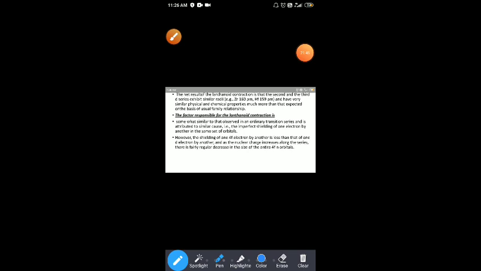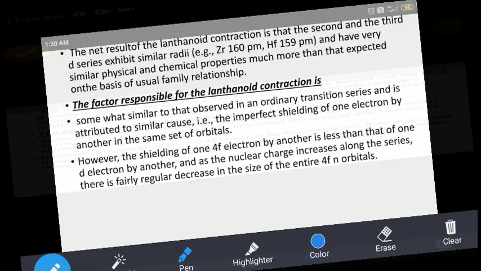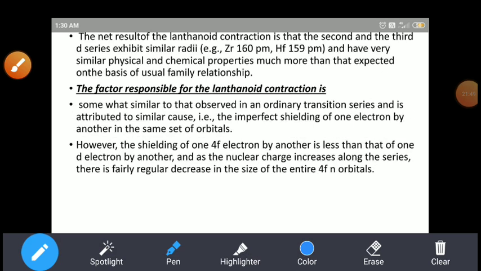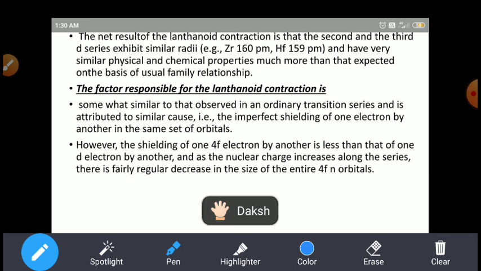Mute yourself, students. Hello. Mute yourself. Yes, Daksh. What is it? You're sending some message, image? What is it? Acha.